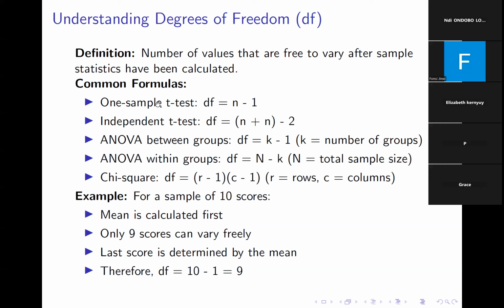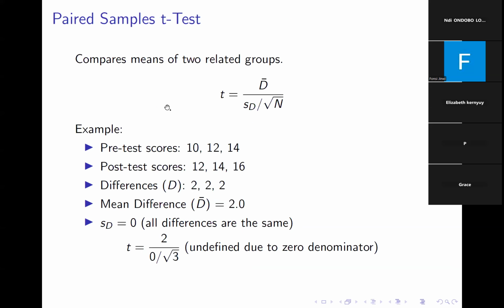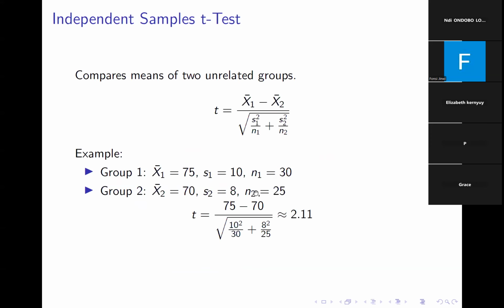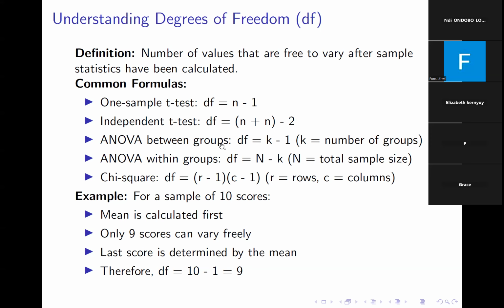So when you take the one sample t-test, which is what we have seen here, after you've calculated this sample, what is the degrees of freedom? What is the number of variables that can change?